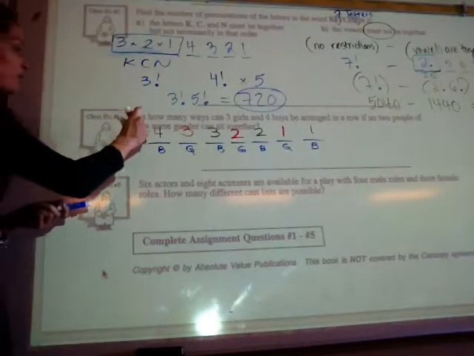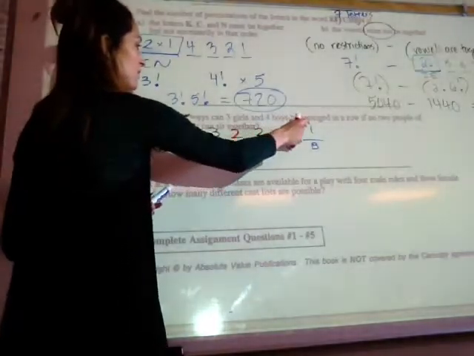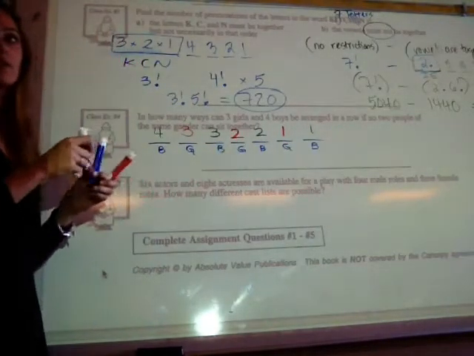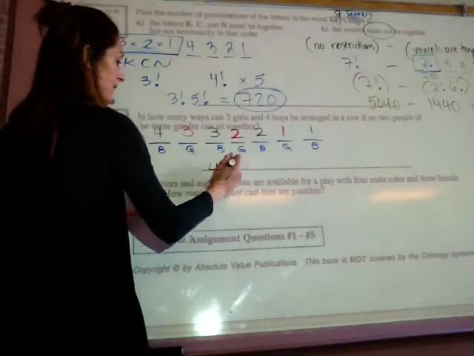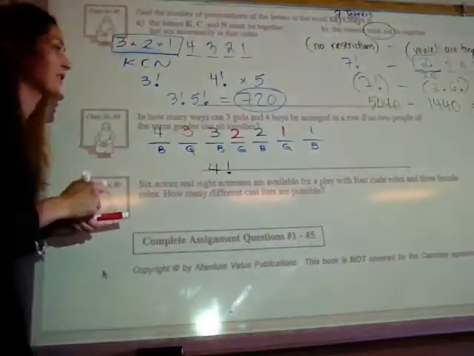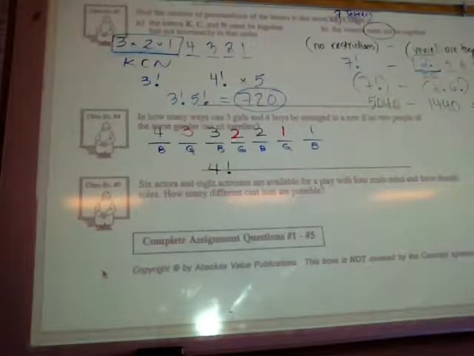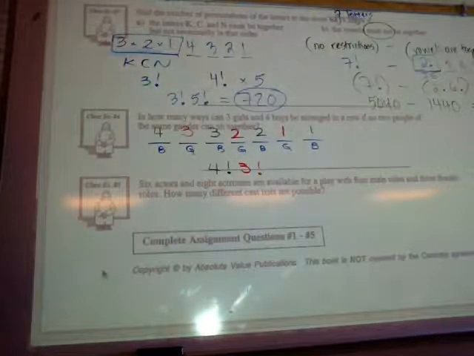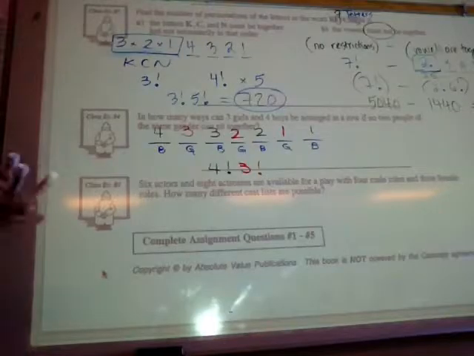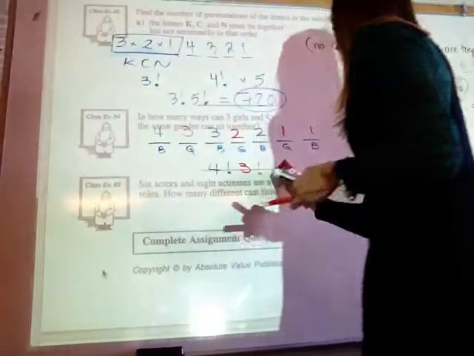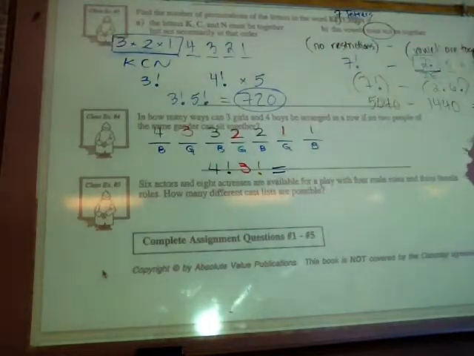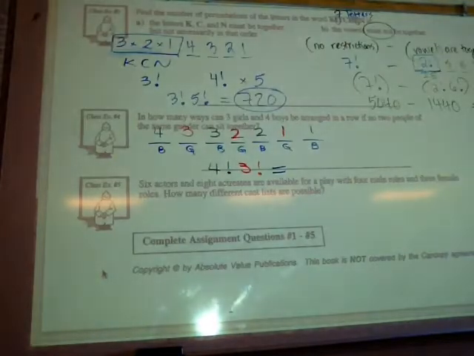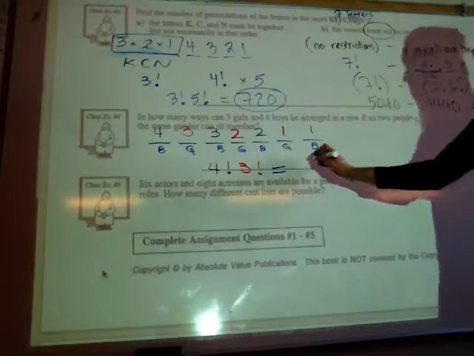So for just the boys, we have 4 times 3 times 2 times 1, 4 factorial. And for the girls, we have 3 times 2 times 1, so 3 factorial. If you multiply 4 factorial times 3 factorial, what do we get? 144.